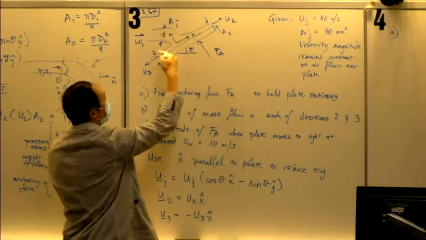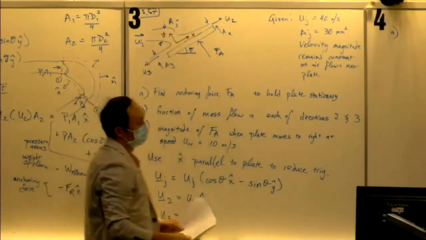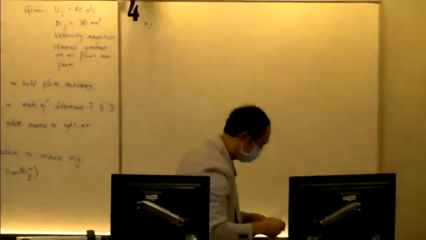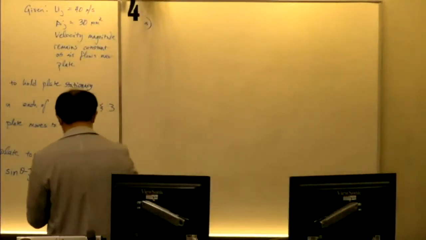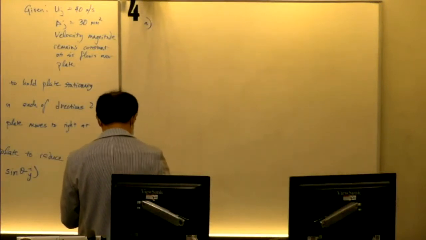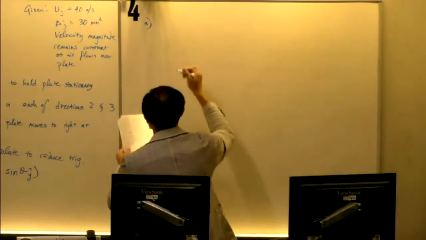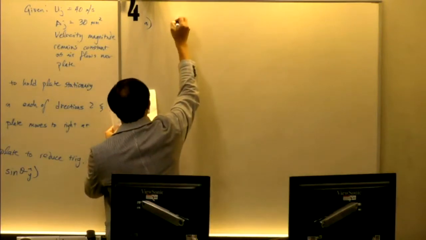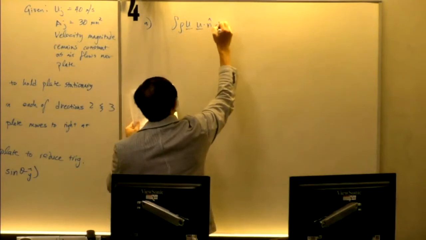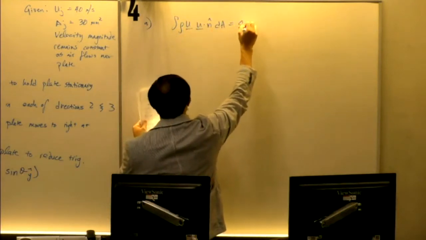And these are all perpendicular in the wrong direction. So the anchoring force, let's just write this. rho u dot n hat dA is equal to the sum of the forces.